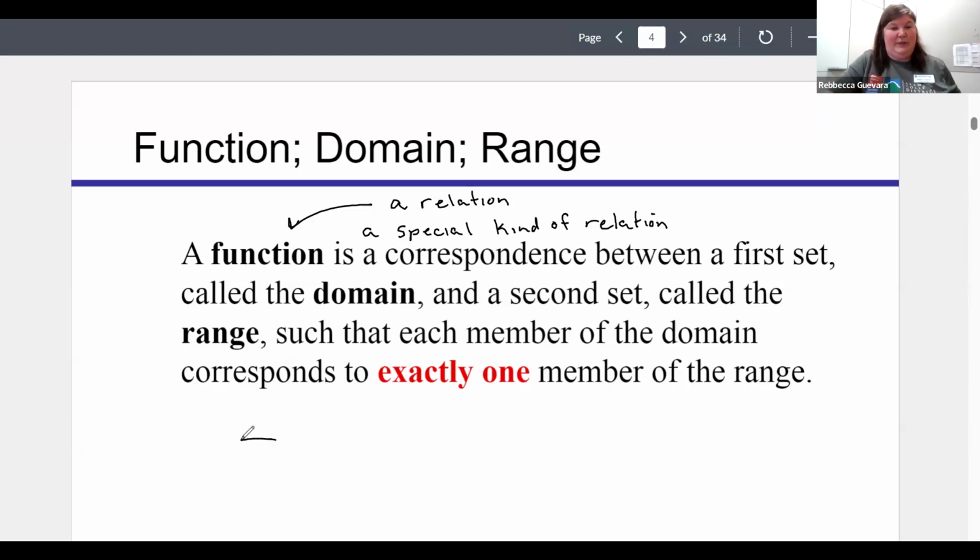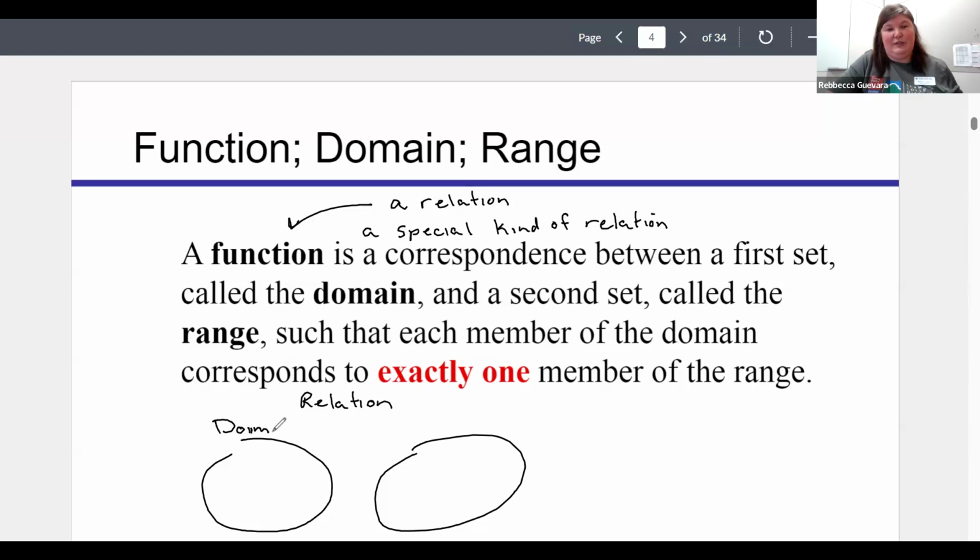So what we mean by that, if I just have any old relation, we're going to call this my domain. This is everything I put in, and this is my range, which is everything that pops back out. Let's put 3, 4, 5 there, and 10, 11, 12 here.